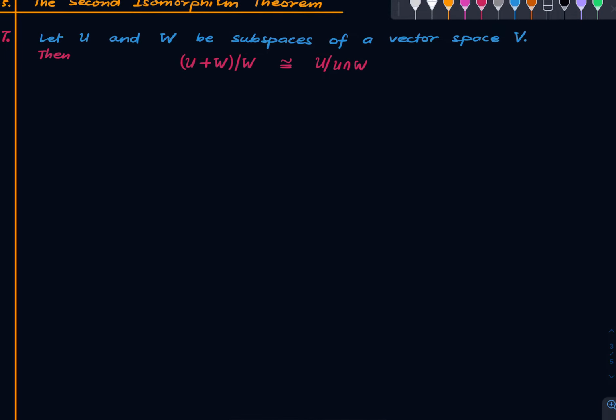All right, so here is the proof. It's a very short proof. First, we have this map, which is the inclusion map. This map just takes a vector little u and maps it to little u. This is, of course, a linear map. Then we have this natural projection map onto this quotient. Recall what this does: it takes some vector x and outputs x plus w.